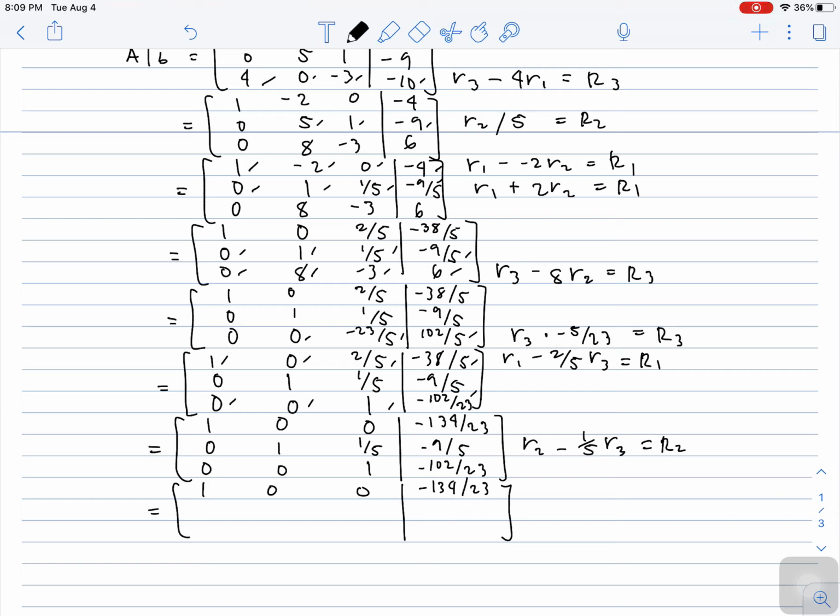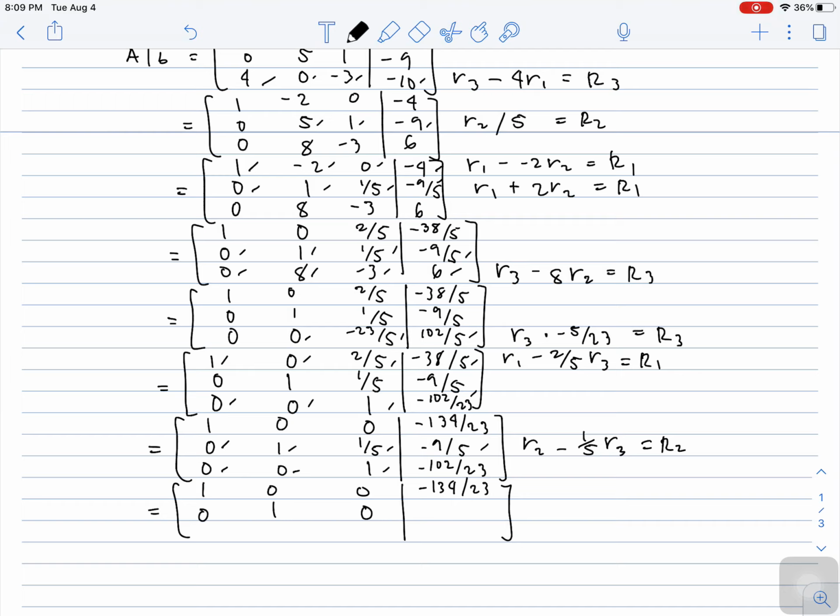So this is the formula we use. 0 minus 1 over 5 multiplied by 0 is still 0. 1 minus 1 over 5 multiplied by 0 is 1. 1 over 5 minus 1 over 5 multiplied by the pivot, which is 1, is just 0.